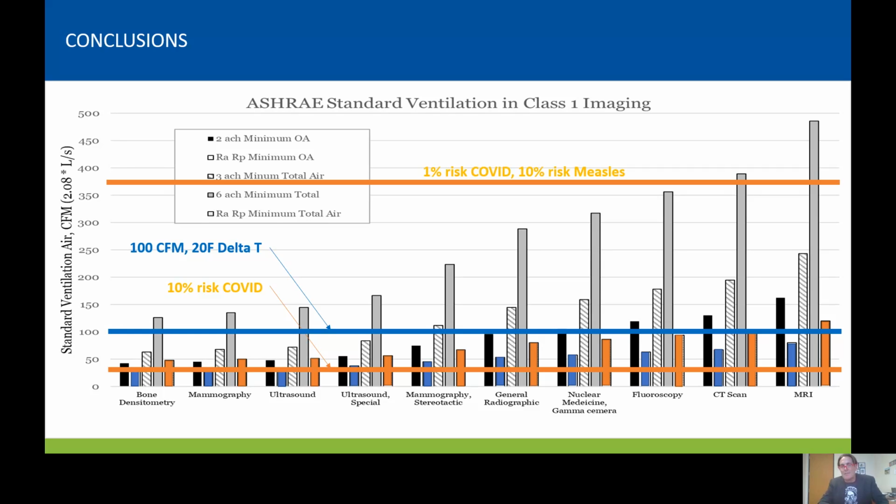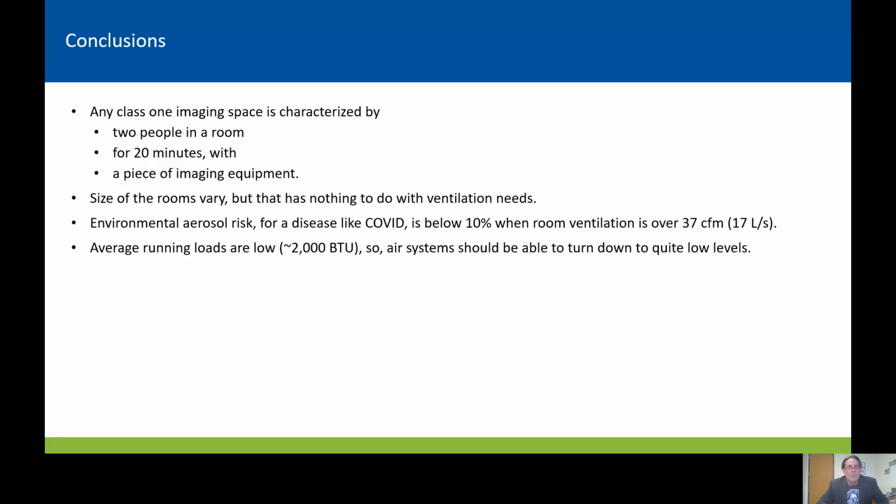And really, that still over ventilates the large room. Once you get up to a 200 or 300 square foot room, those code minimums are going to over ventilate. So if you have the opportunity to turn those down during off hours or unoccupied hours, then you should definitely do that. And here are some bullet points to say what I just said.